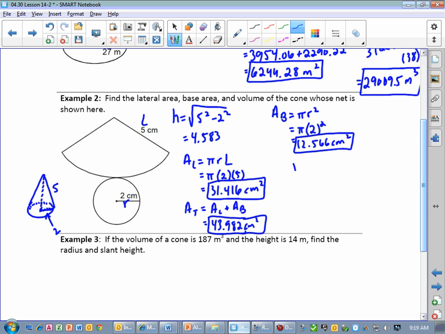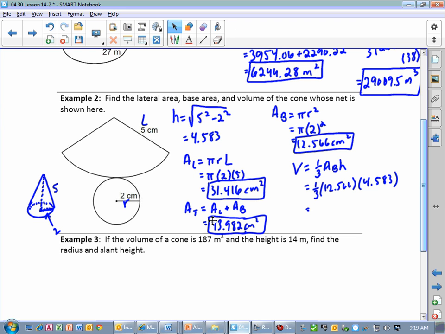And then finally, volume. Volume is 1/3 times the area of the base times the height. So we've got 1/3 times the area of the base we just found, 12.566, times the height, which we found right at the beginning, 4.58.